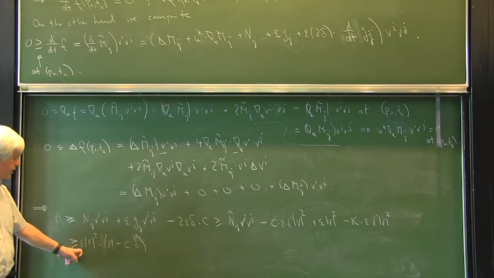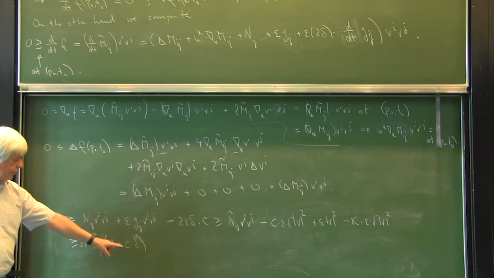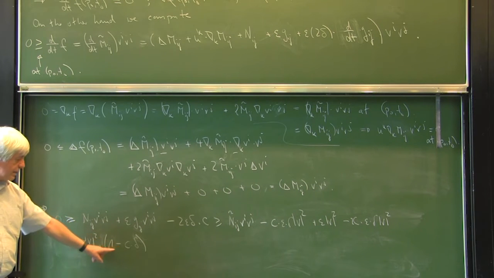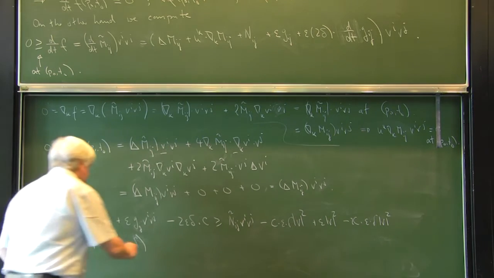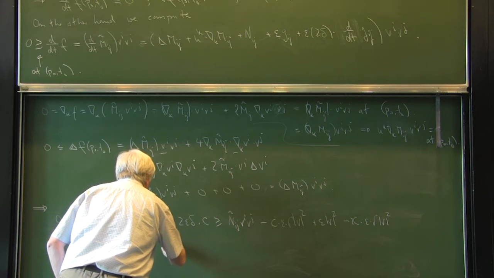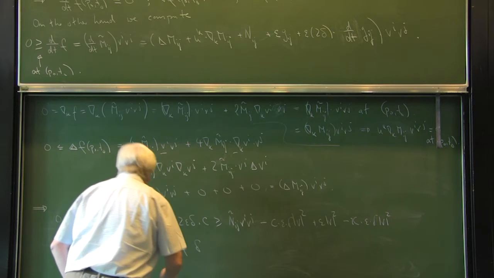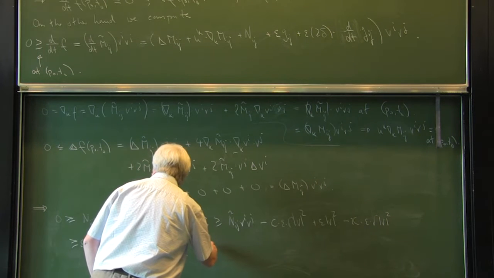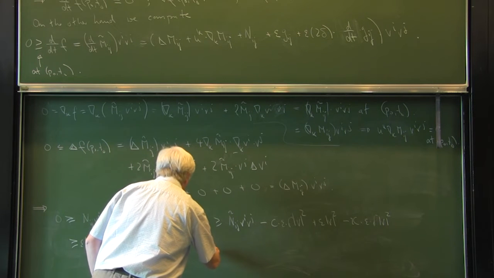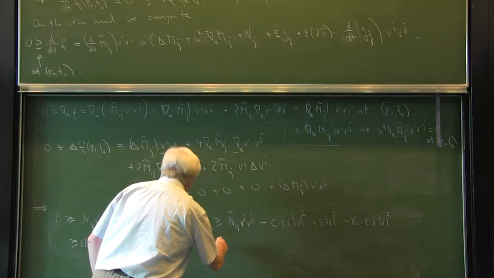So this gives a contradiction if delta is sufficiently small. It's a contradiction if delta is less than 1 over c.